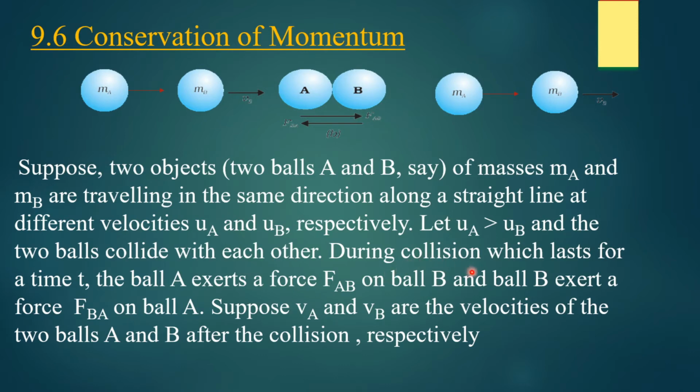During the collision, which lasts for a time t, ball A exerts a force FAB on ball B and ball B exerts a force FBA on ball A. Suppose vA and vB are the velocities of the two balls A and B after collision. That means these are the final velocities. uA and uB were the initial velocities with which the balls were traveling.